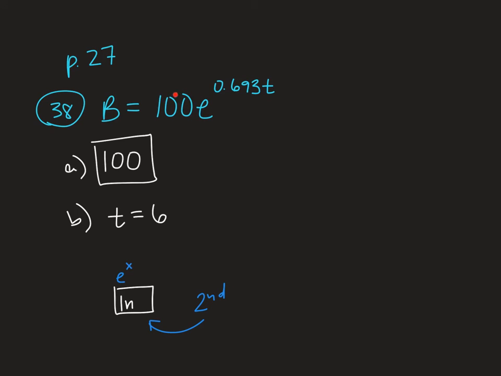So you plug in 100, hit your second key and then the LN key to get e to the x, and then up top you can plug in 0.693x using the x key up near the top. It doesn't have to be t, it can be, well actually we're plugging in 6. So you don't even need to plug in x, my bad. So if you just do times 6 up here.